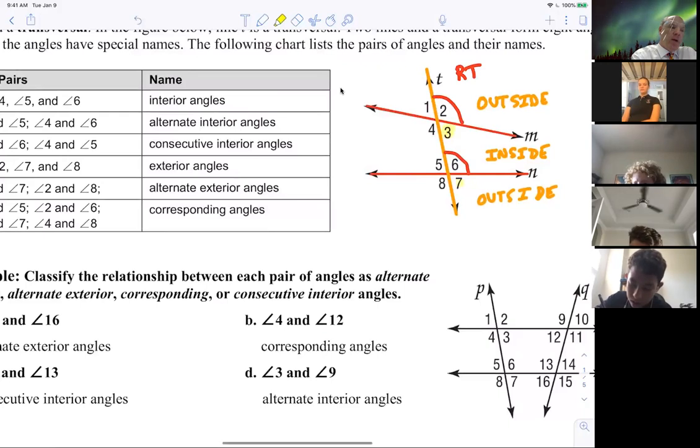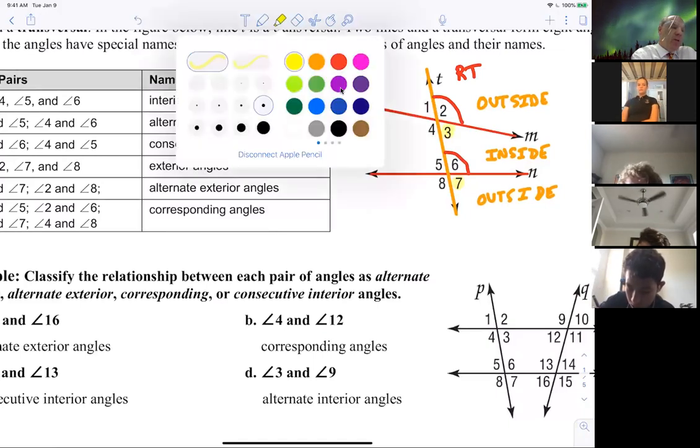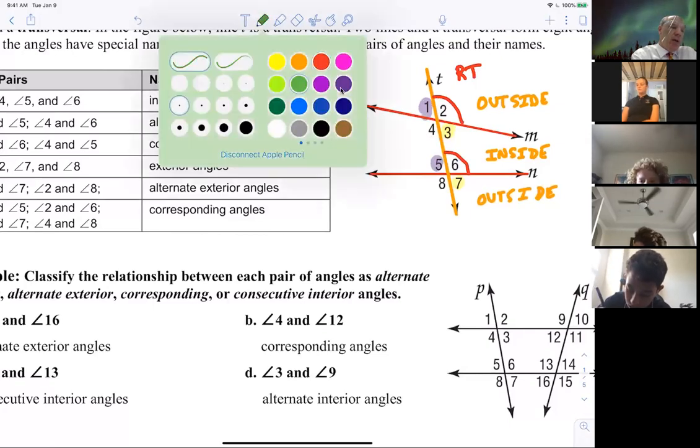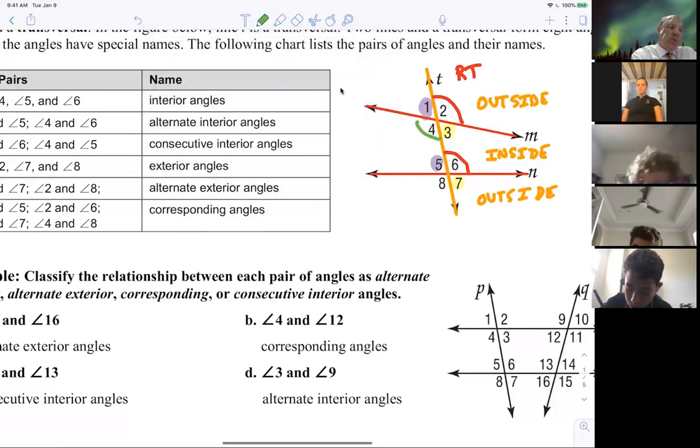So 3 corresponds to 7 because it's on the right side and on the bottom of the line. Then we have corresponding on the left side. So 1 corresponds to what? 5. That is correct. And then we have 4 corresponds to what? 8.